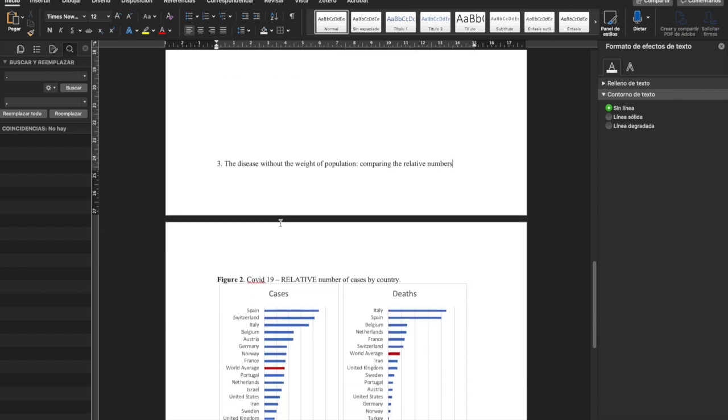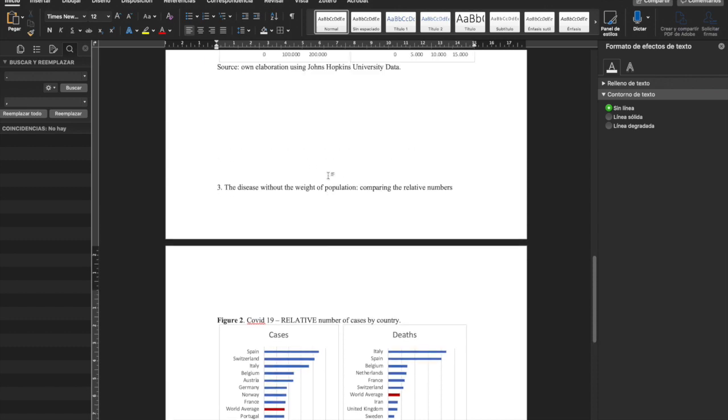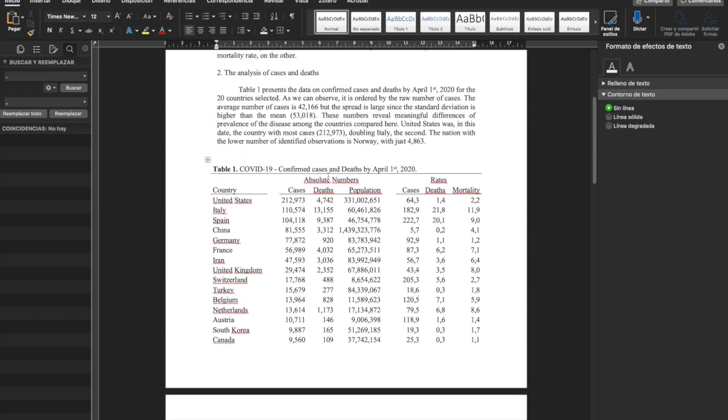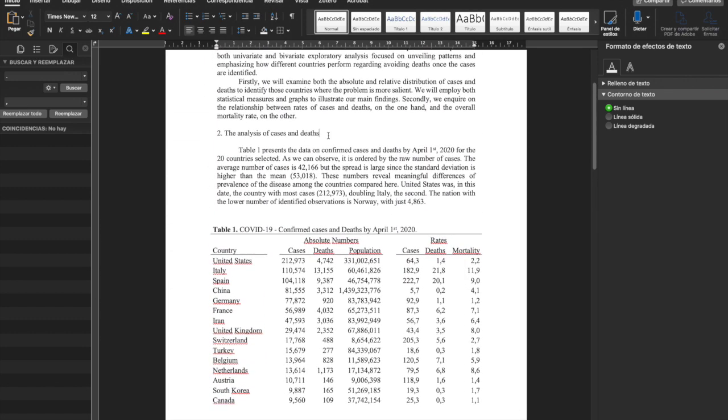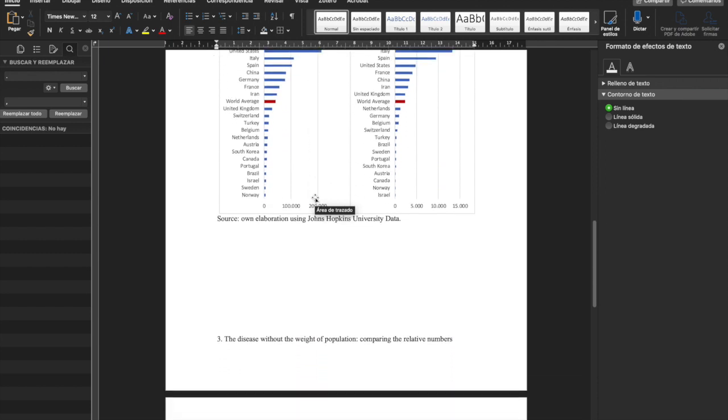So now I start comparing the relative numbers, and I can start with the absolute numbers, the raw numbers, and then the relative numbers.